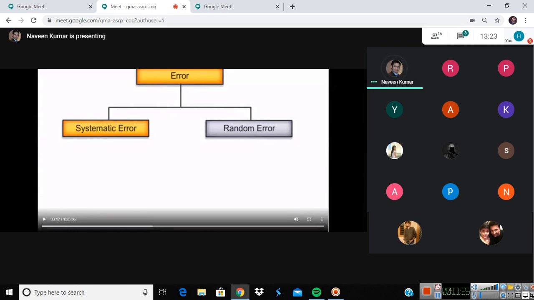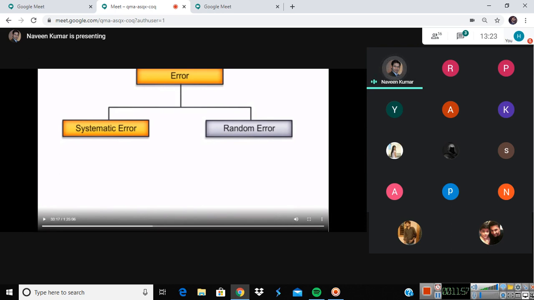In the same set of readings, they can be positive or negative, so they are very random values. Systematic errors are very easy to remove by calculation or by some modifications. We can remove systematic errors, but random errors are very difficult to remove.